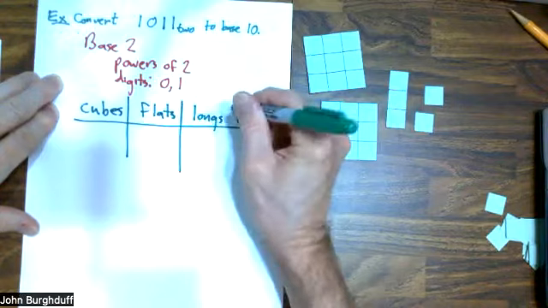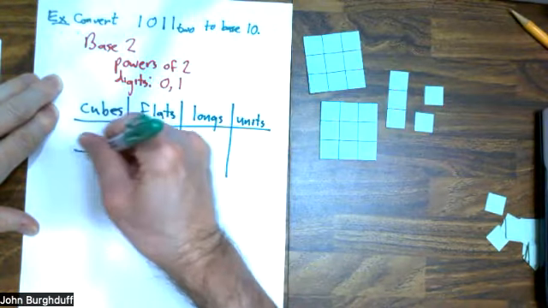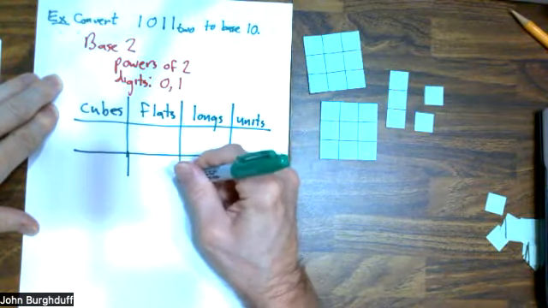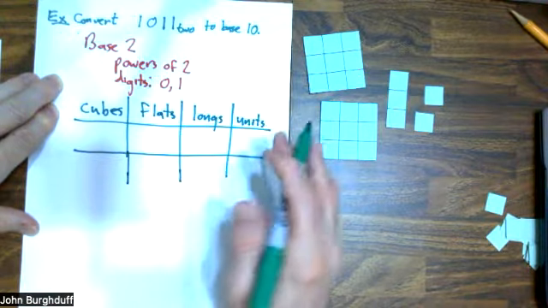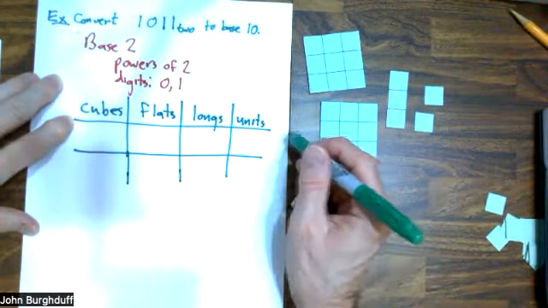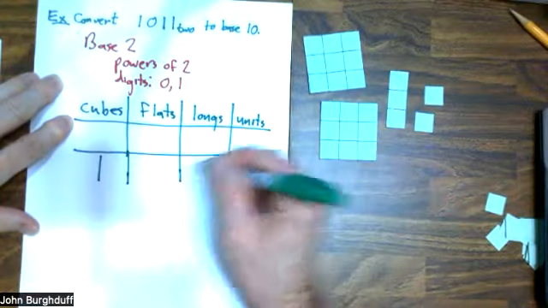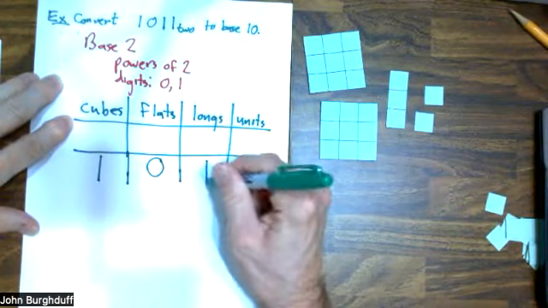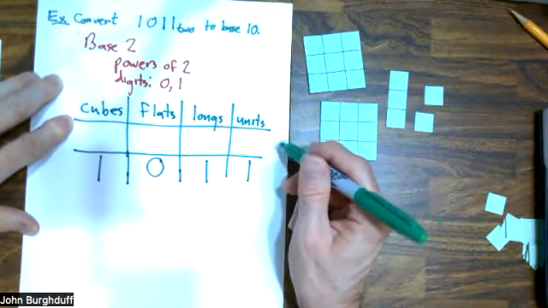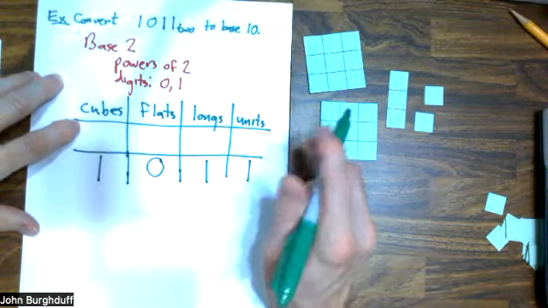Again, skip a space because I'm going to interpret those in terms of powers of 2. Our number simply has 1 cube, no flats, 1 long, and 1 unit, but everything is in groups of 2.